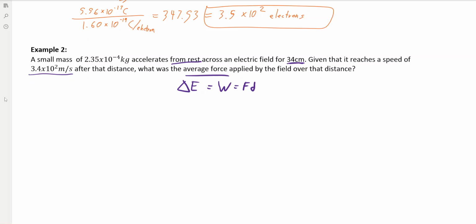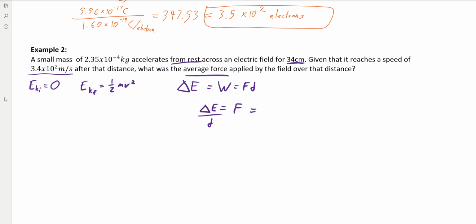So if it's changing energy going from rest, that's like EKi of 0, and then its final energy is going to be given by a half mv squared, right? The change in energy is our work. Work is force times distance. So all we have to do is then make a little bit of an adjustment here to say that this divided by distance is our force.